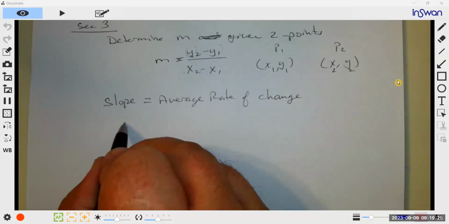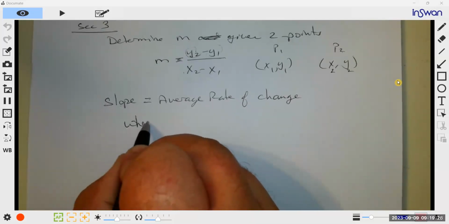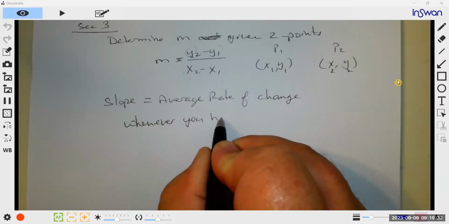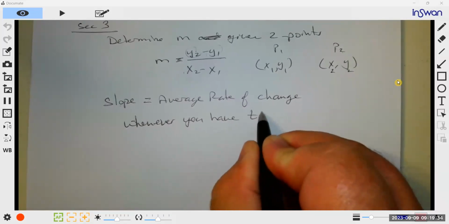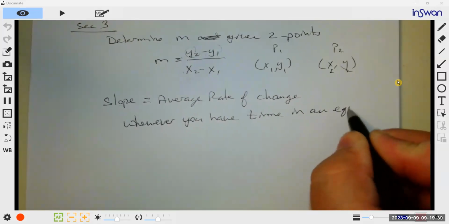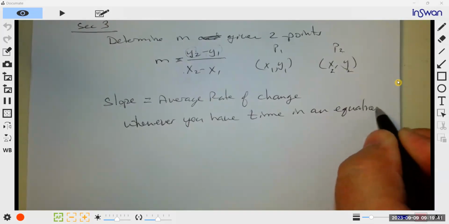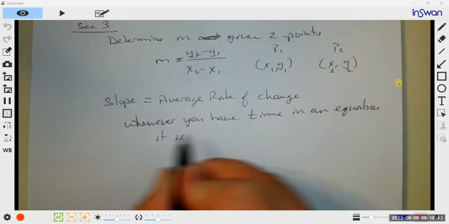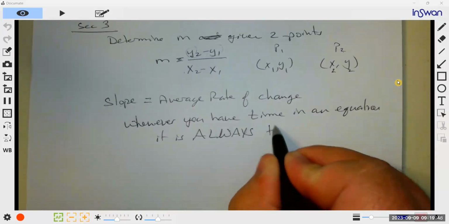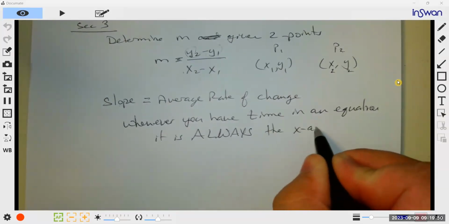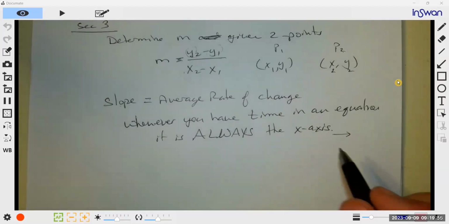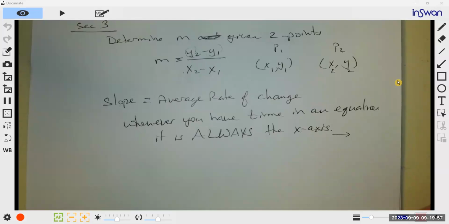And whenever you have time in an equation or in a problem, it is always the x-axis, because x always goes to the right, time never goes backwards.